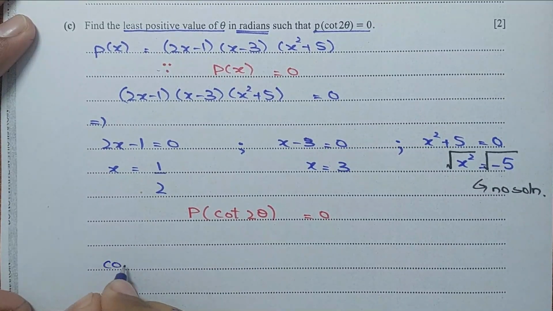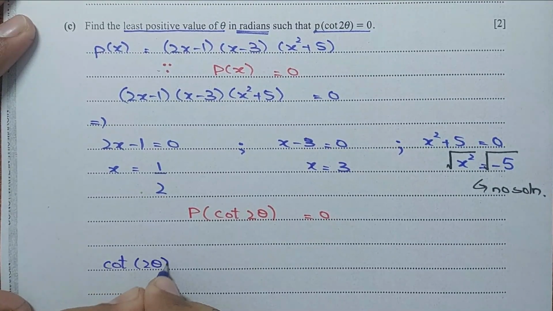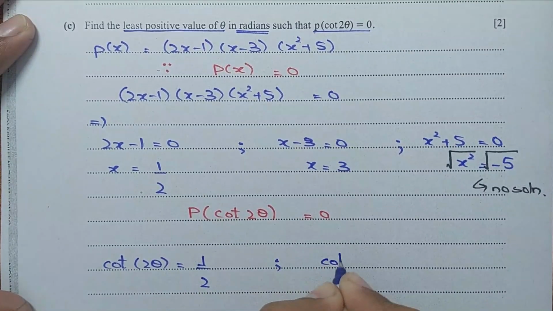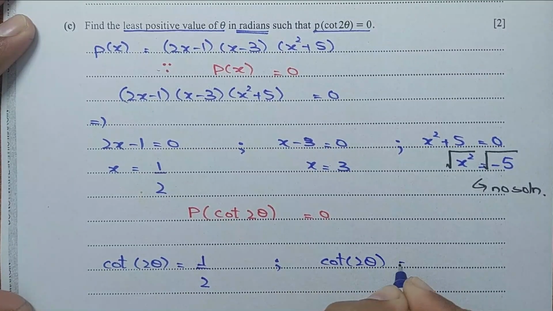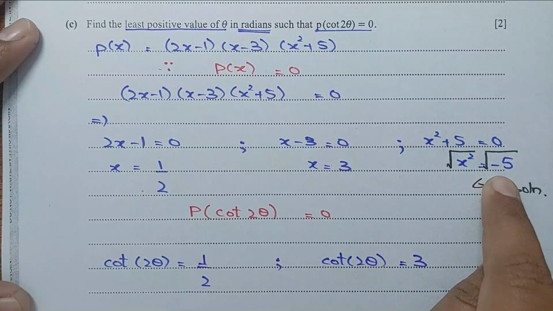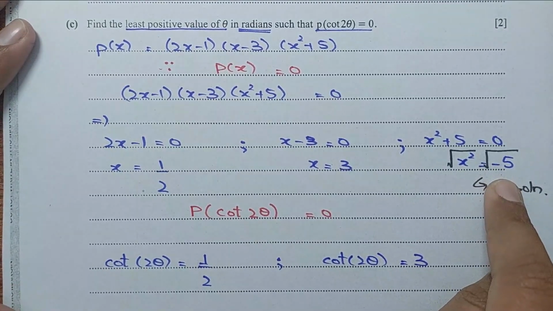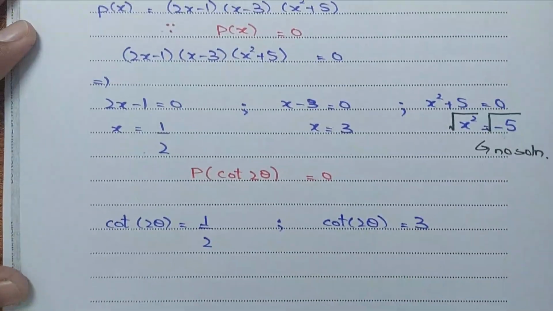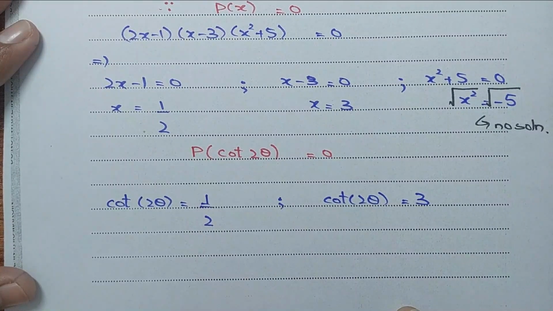This means cot of 2 theta is 1 by 2, and cot of 2 theta equals 3. I hope this is clear now why the third case is not a solution, because the square root of a negative number does not exist.